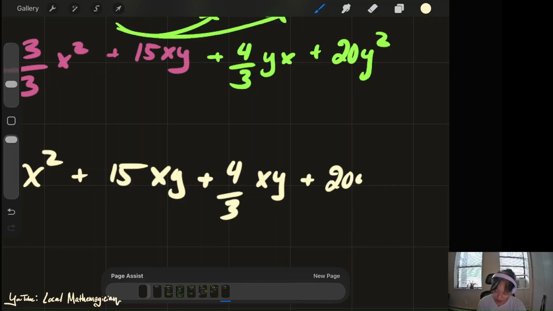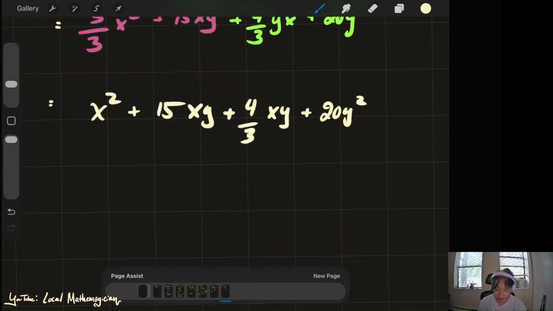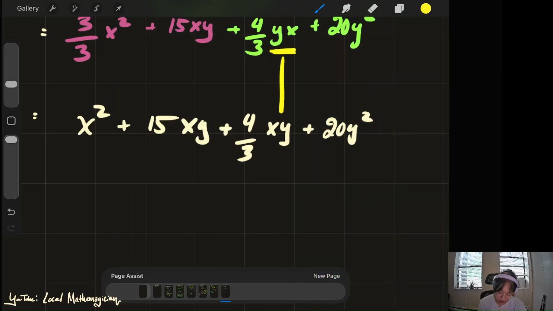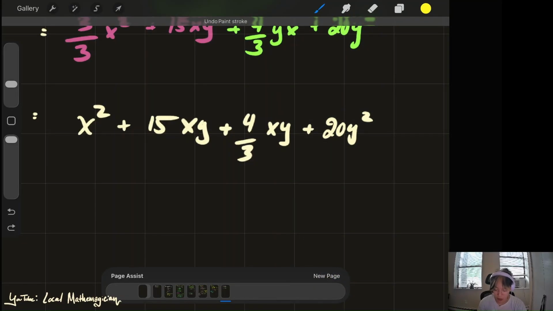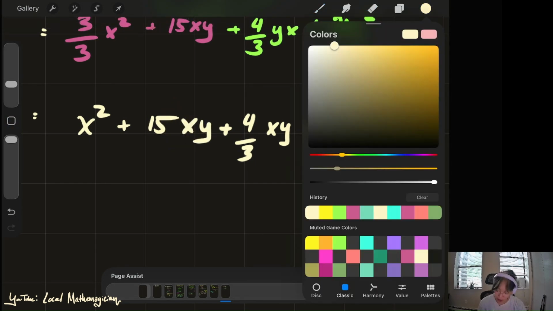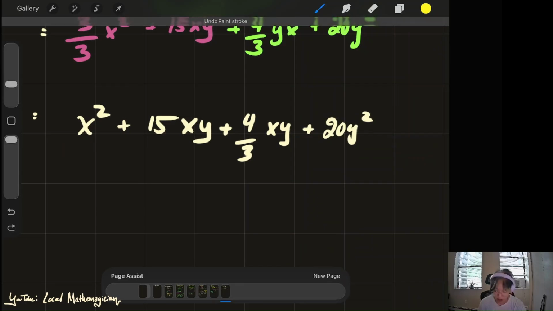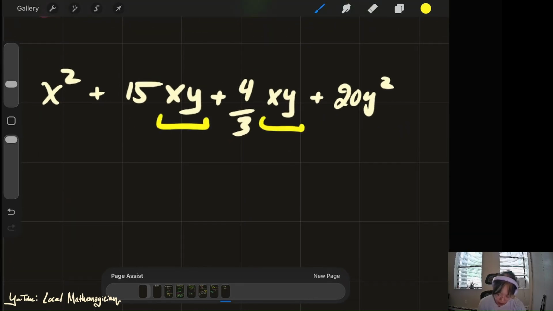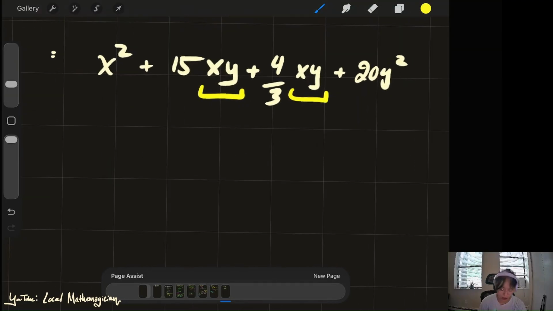Plus 20y squared. Okay? Now, as I promised, this is the same as this, yeah? The reason why we want that is so it looks a little bit more like this guy. Because when we go to combine like terms, there's no x squared terms, there's no y squared terms, so nothing to do there. But there is a pair of xy's, okay?